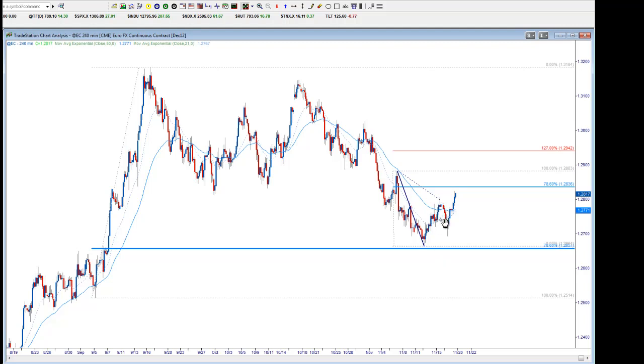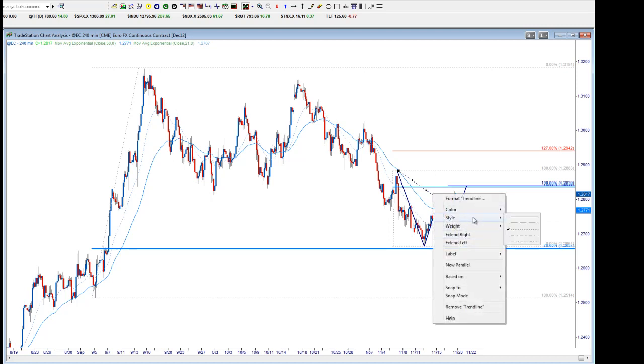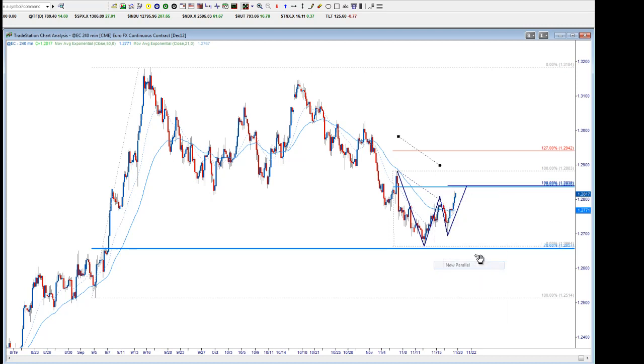Then what we'd like to do is put in our AB equals CD tool. Now there's some tremendous confluence there at that 78.6 that's looking like we may have a very, very tradable pattern. And this is a pattern on a 4-hour chart, so it can be a pretty strong and powerful setup. So let's go ahead and draw in this other potential leg here.